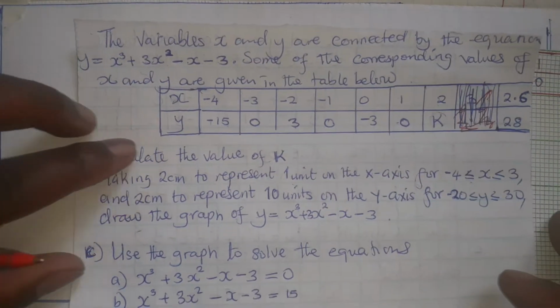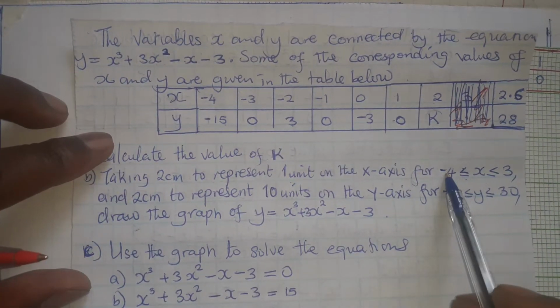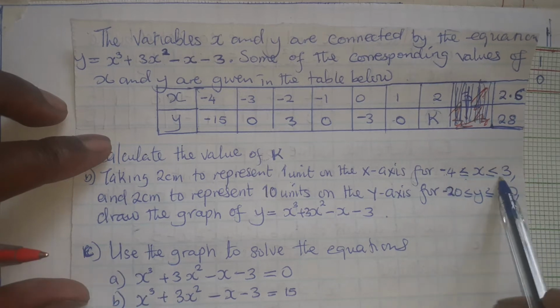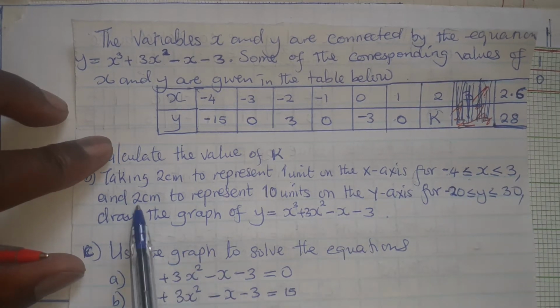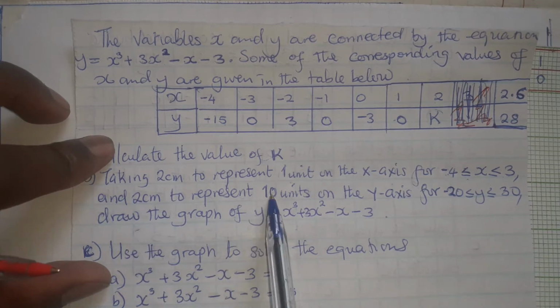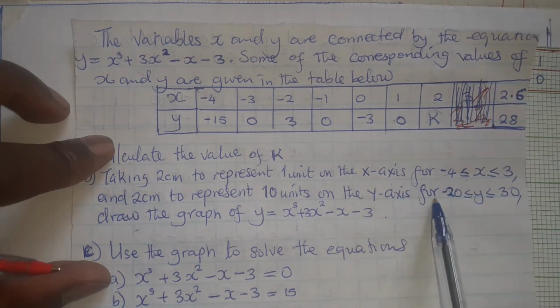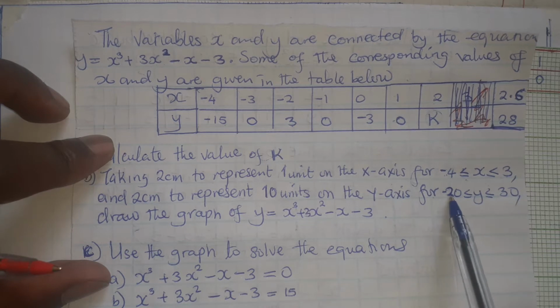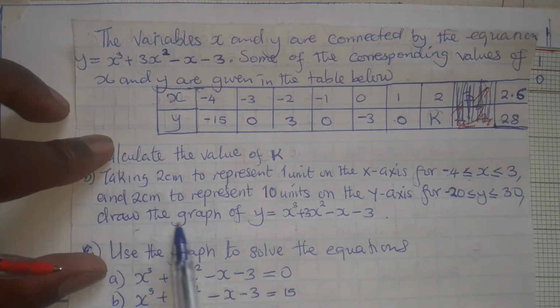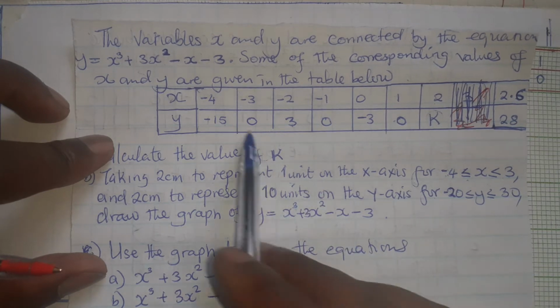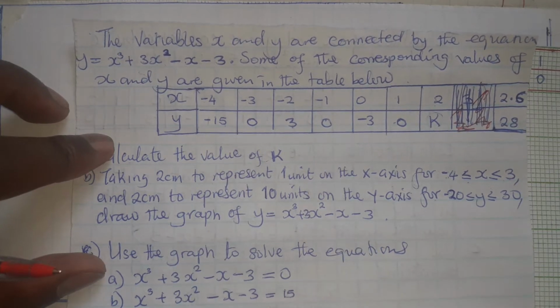Then the coordinates must run from -4 up to +3. That is for the x-axis. And then 2 centimeters to represent 10 units on the y-axis from -20 up to 30. Then we are supposed to draw this graph. Okay, so we are using these same coordinates. So let's go.